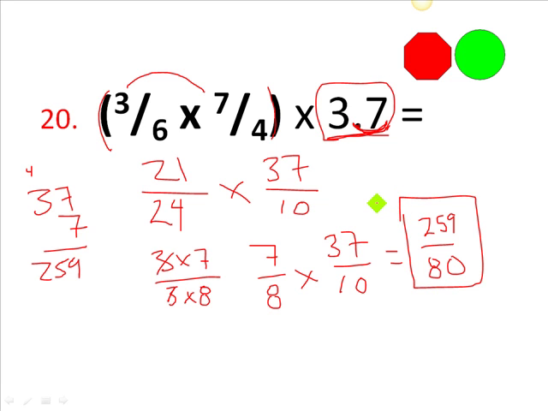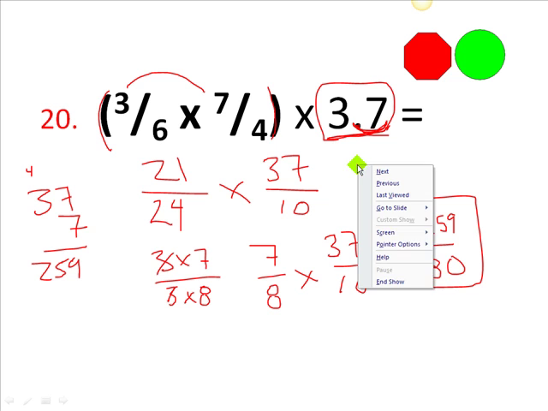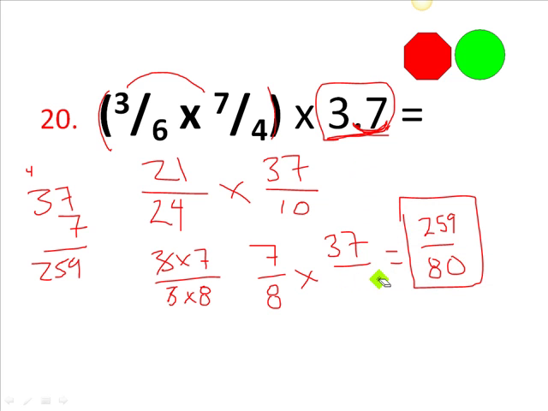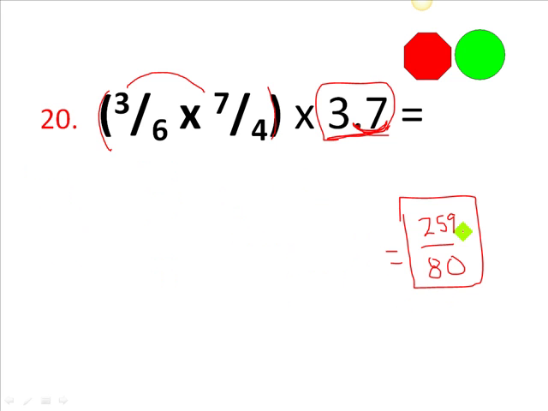However, you might have been instructed to turn that into a mixed number, or simplify that as much as possible. So let's get some room to work here. You can always go get another piece of scratch paper. All right, let's see. How do I turn 259 over 80 into a decimal? So that would be 259, and I'm going to divide that by 80.